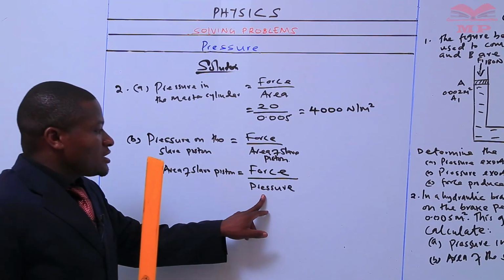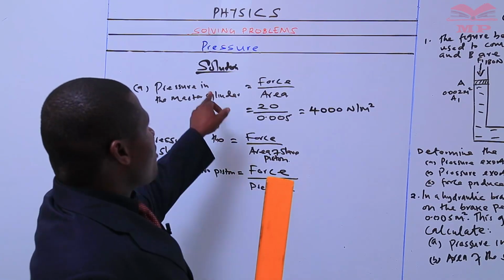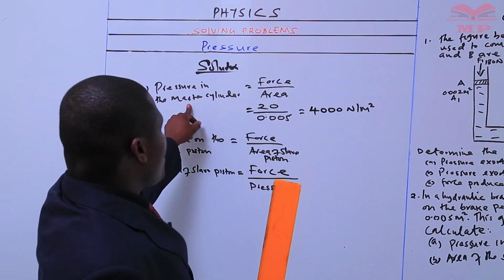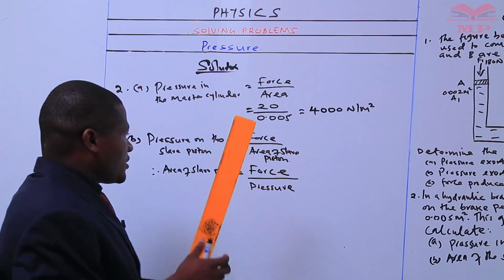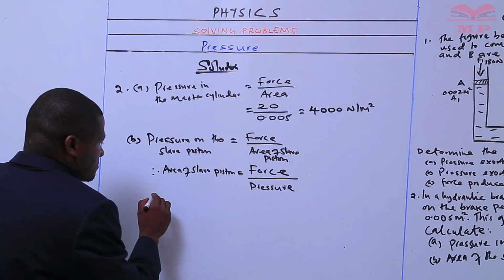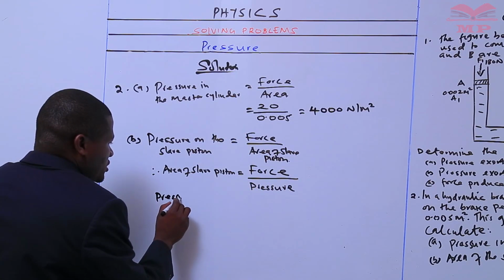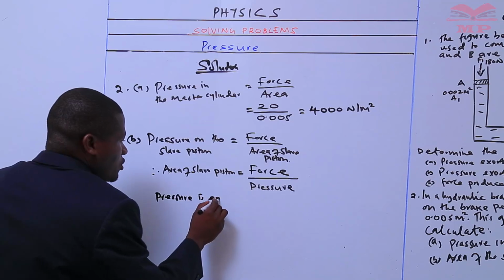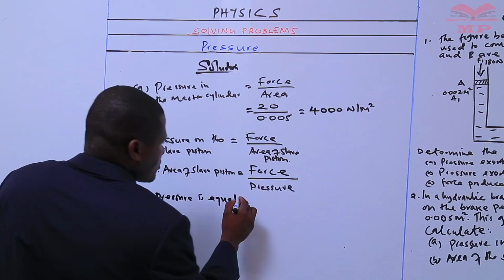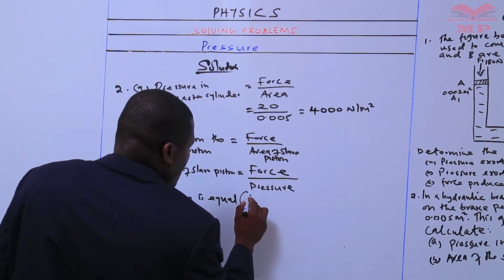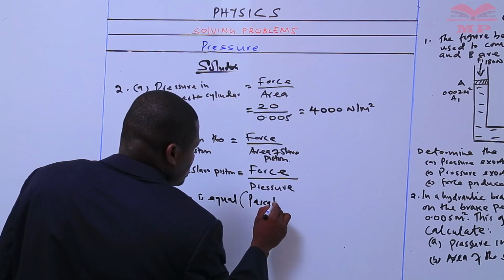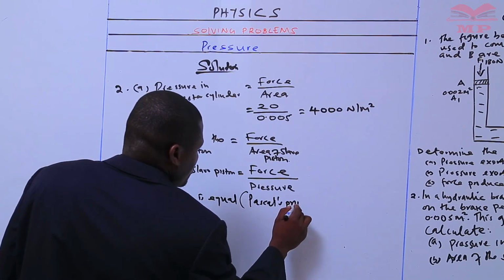And I've said pressure is the same. We have calculated it here. So P1 and P2 are just the same. So pressure is equal. This is by Pascal's principle.